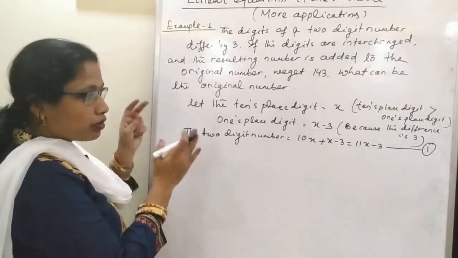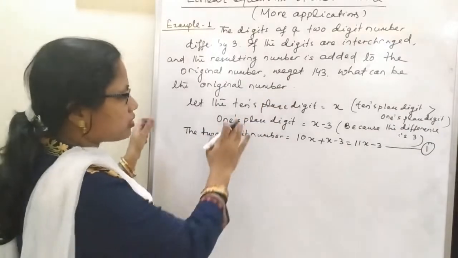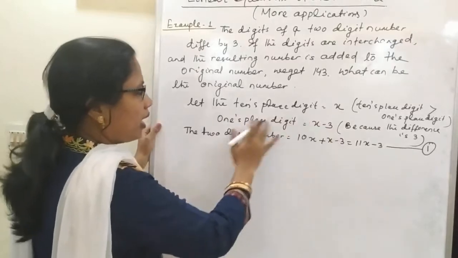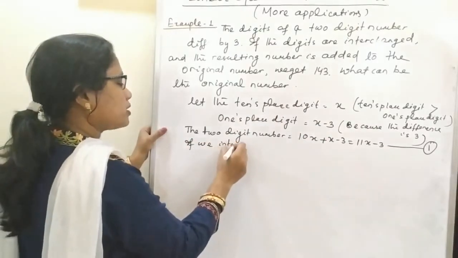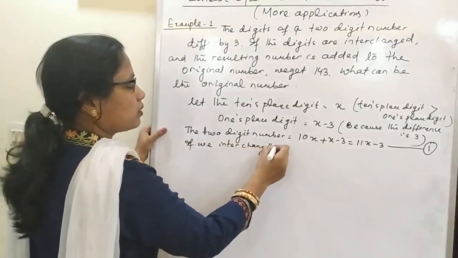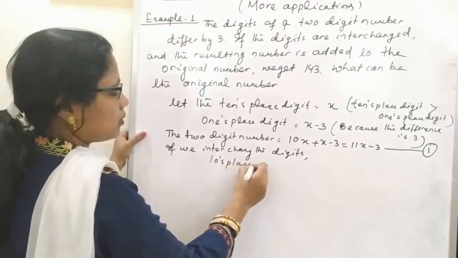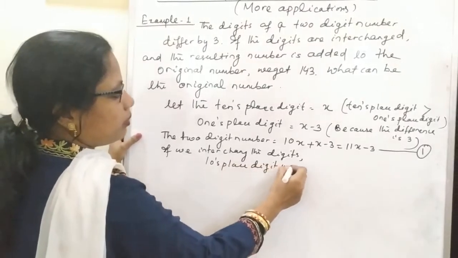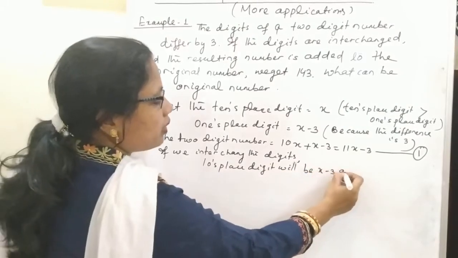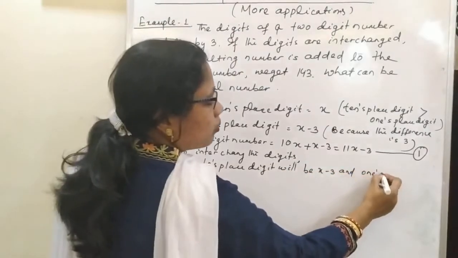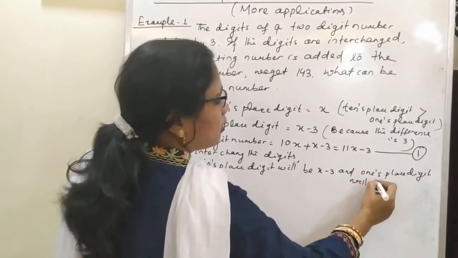So next, what will be the reverse number? If we interchange the digits, the tens place digit will be x minus 3 and the ones place digit will be x.